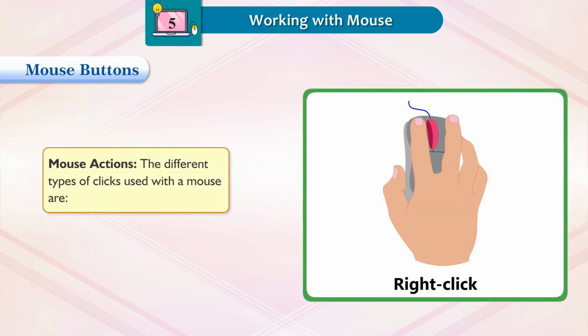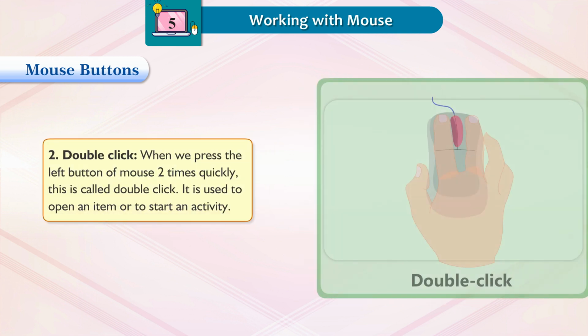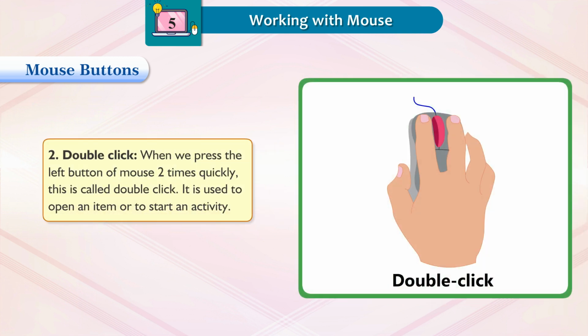Mouse actions. The different types of clicks used with the mouse are: 1. Single click. When we press the left button of mouse one time only, this is called single click. It is used to select the object. 2. Double click.